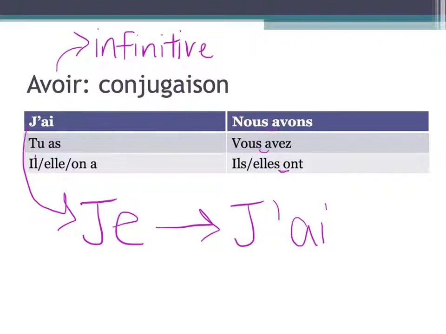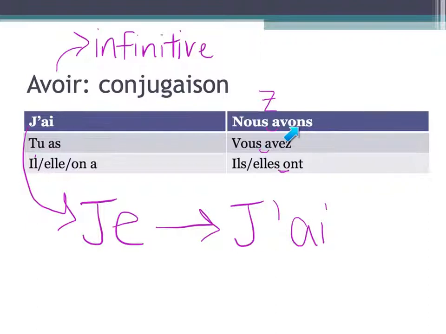The reason we do that is because we end the subject pronoun with a consonant, S's in this case, and then the verb starts with a vowel. So if we end in a consonant and start with a vowel, we're going to make the liaison between the subject and the verb. So we've got nous avons, which makes a Z sound when you link them together. Vous avez and elles ont, ils ont. Z sound.